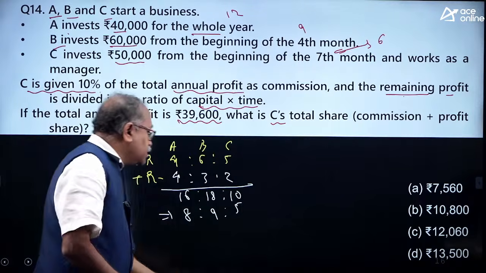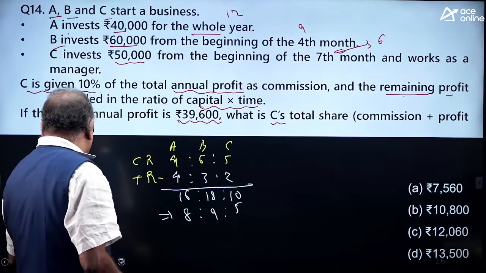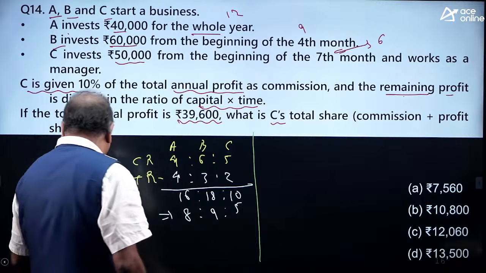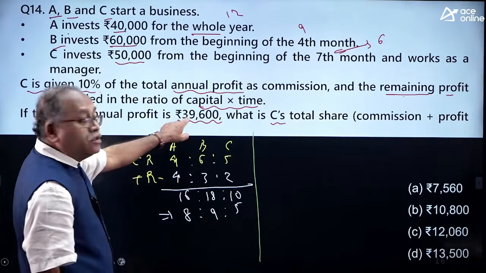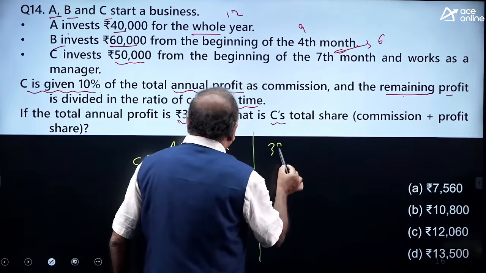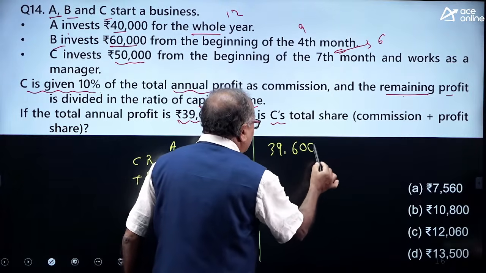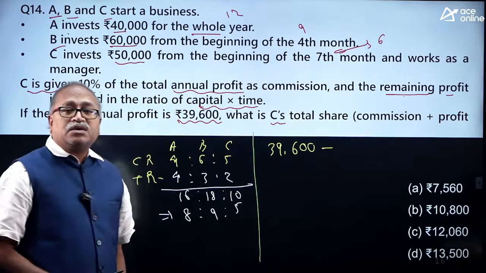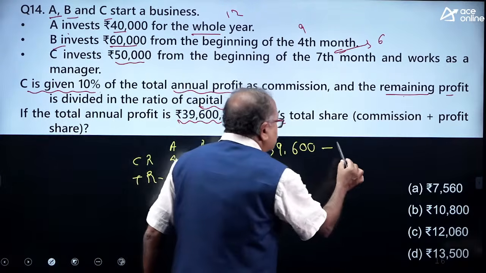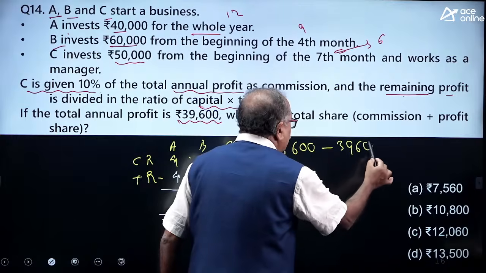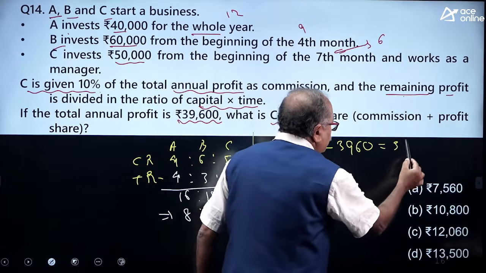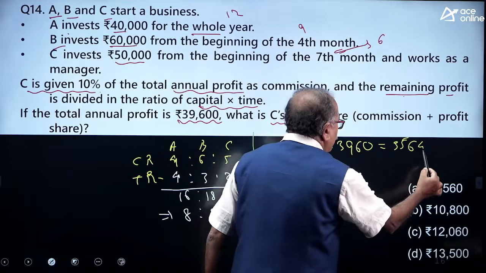Okay, shall I answer the question from here onwards? Here what I do is, let's take the total profit as 39,600. So, out of this 39,600, 10% is C's commission. So, take out this 3960 and you will be getting 35640.